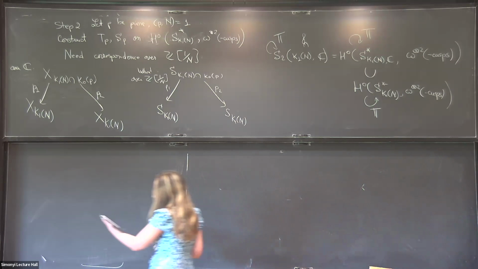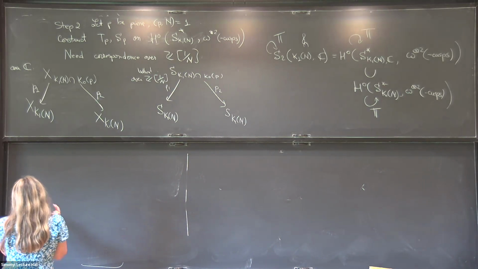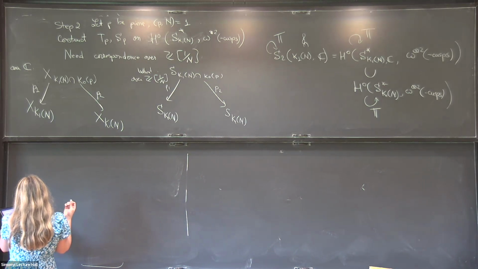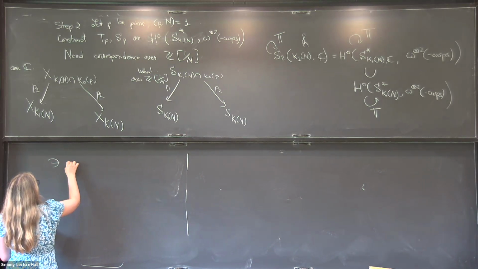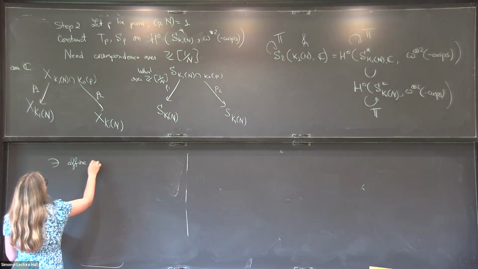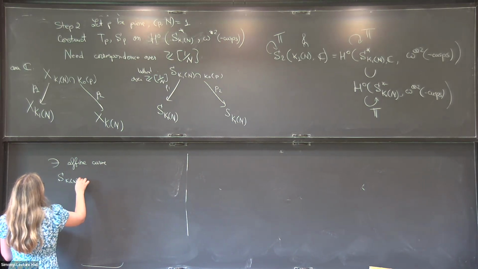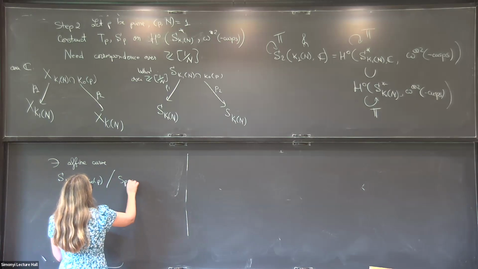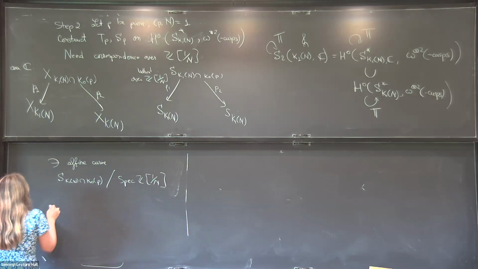There exists, right. So there exists an affine curve, no longer smooth, Y(K_1(N) intersect K_0(p)) over Z[1/N], which represents the moduli problem.